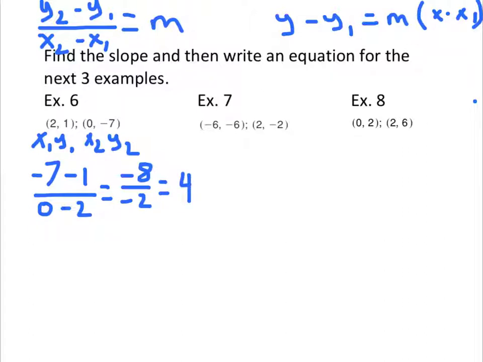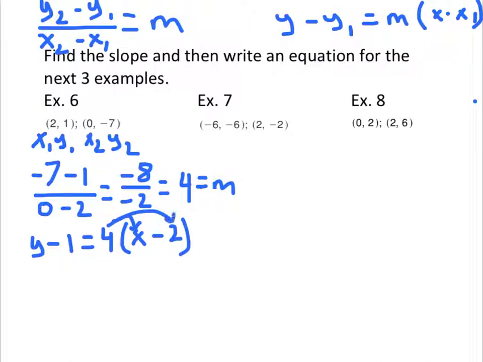So that's going to be my m. So now, next thing I need to do is go back and use the point slope form equation. So y minus my y1, which was 1, is going to equal my slope, which I just found out was 4, times x minus my x1, which is 2.